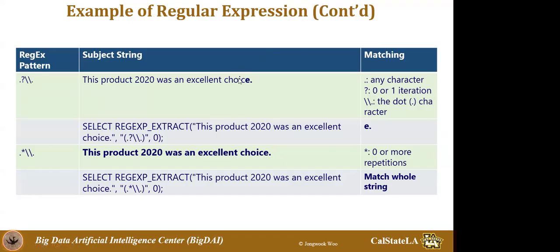Okay? So if you look at here, dot means any character. Any character could occur 0 times or 1 time. Any character again means any alphanumeric character or any special character, right? After that, you have a dot character, a period character.